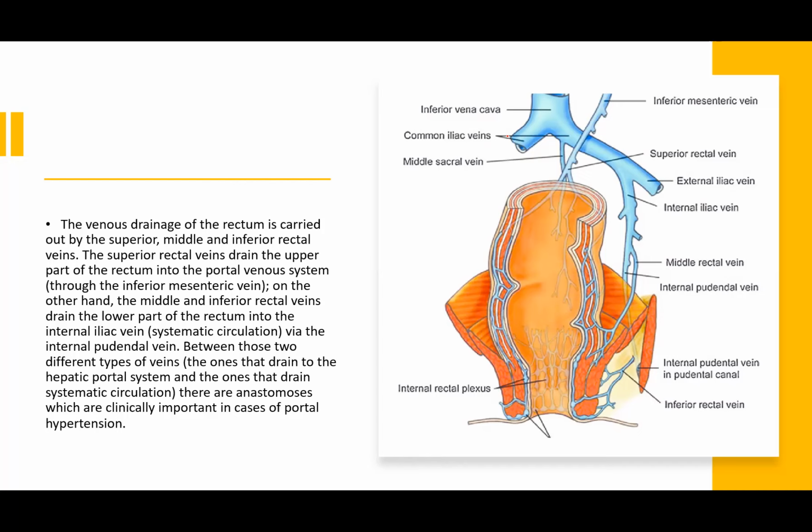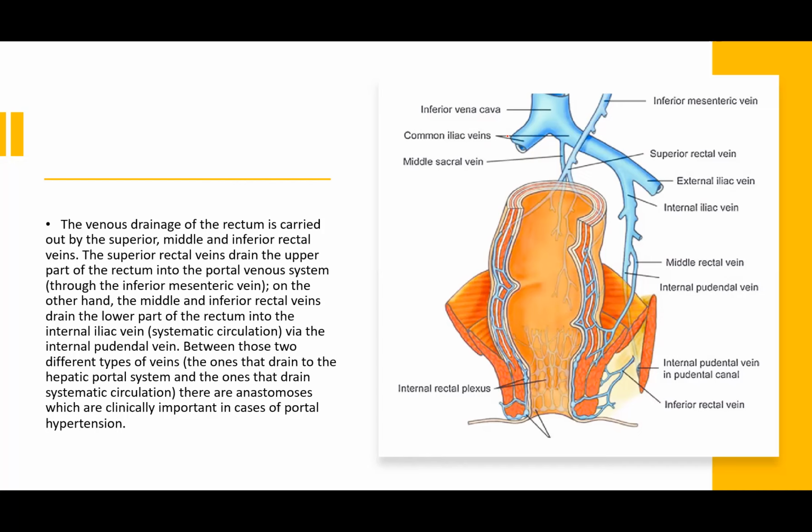On the other hand, the middle and the inferior rectal veins drain the lower part of the rectum into the internal iliac vein. Okay? Of course, you know this is systemic. It moves to the systemic via the internal pudendal vein.